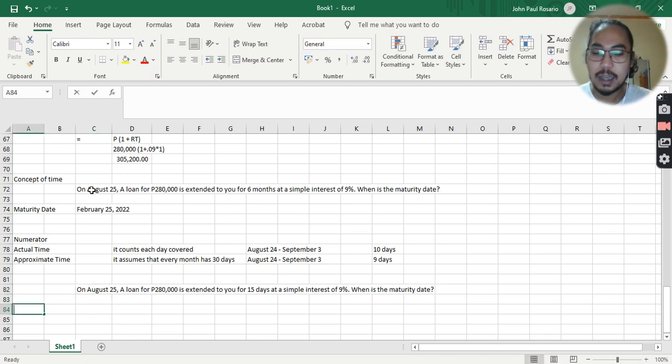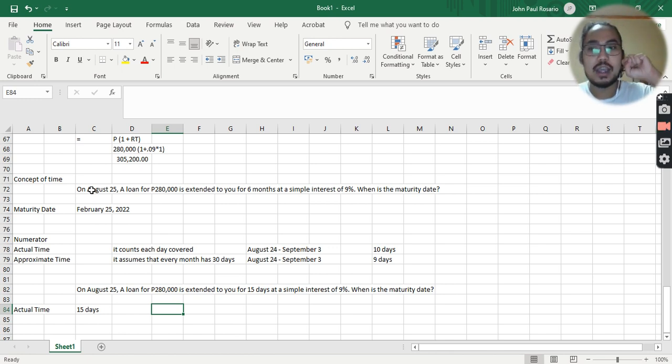So using actual time, our period is 15 days, so from August 25. When is the maturity date? Actual time is where we count the actual number of days.